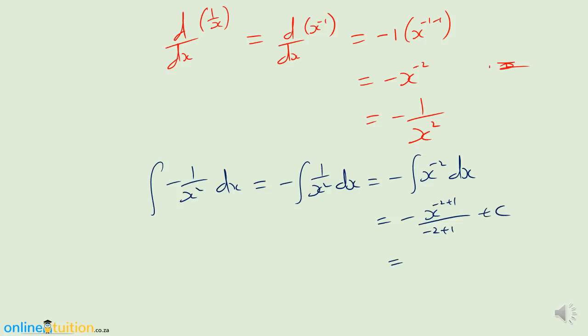So minus 2 plus 1 gives minus x to the minus 1 over minus 1 plus a constant. And so the answer turns out to be 1 over x plus a constant. If c is 0, we get exactly what we found over there. So the integral of minus 1 over x squared dx, one possibility is 1 over x.